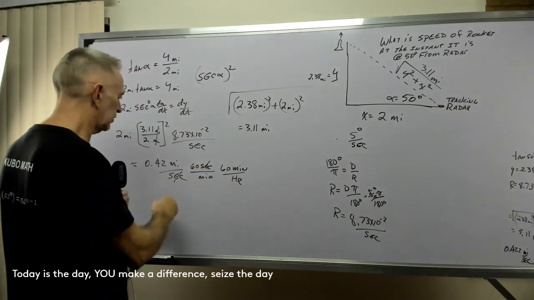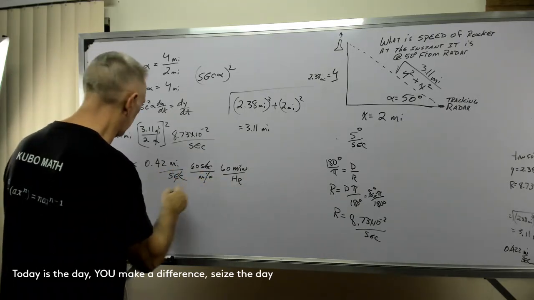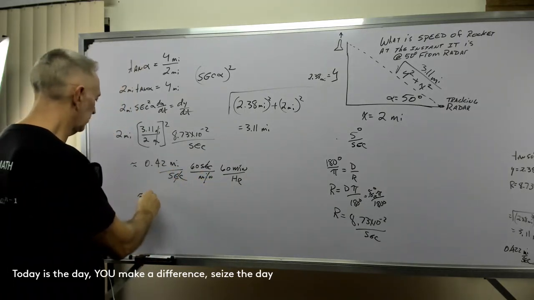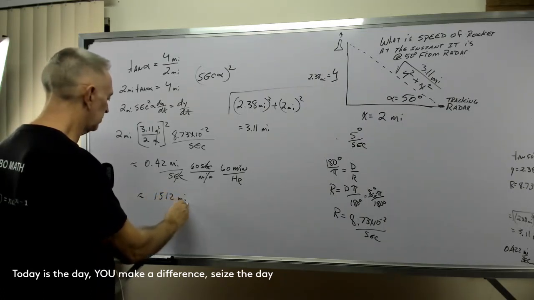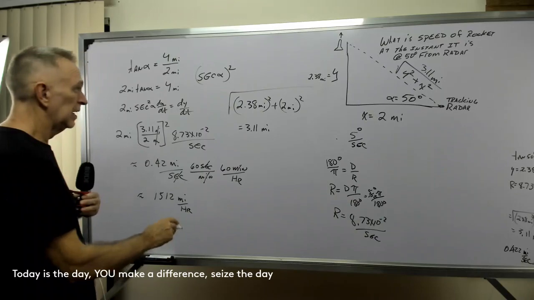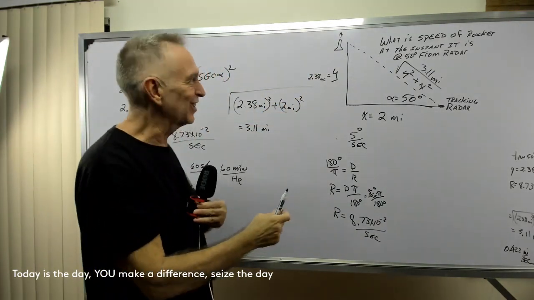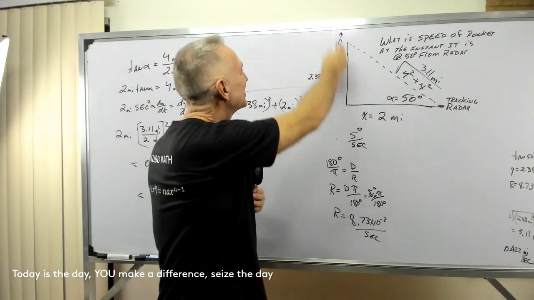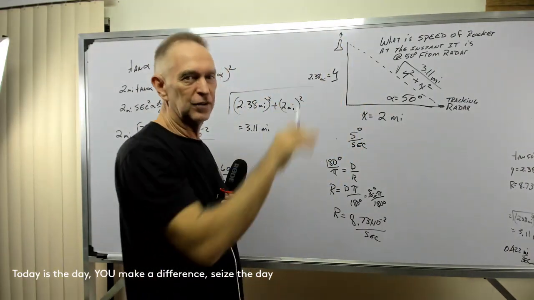Seconds and seconds cancel, minutes and minutes cancel. I'm left with miles per hour, and this comes out to about 1,512 miles per hour. That would be how fast that rocket, the flying flashlight, is going at the instant we get 50 degrees.